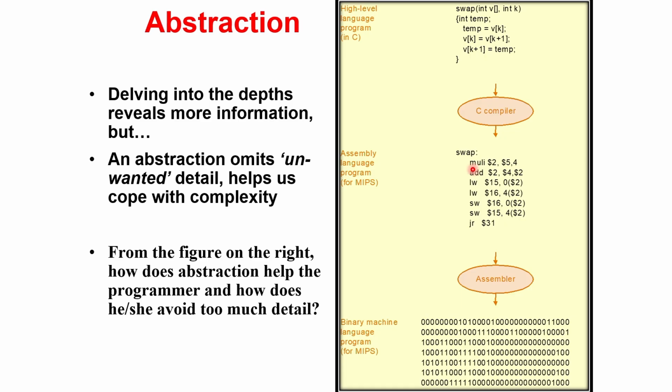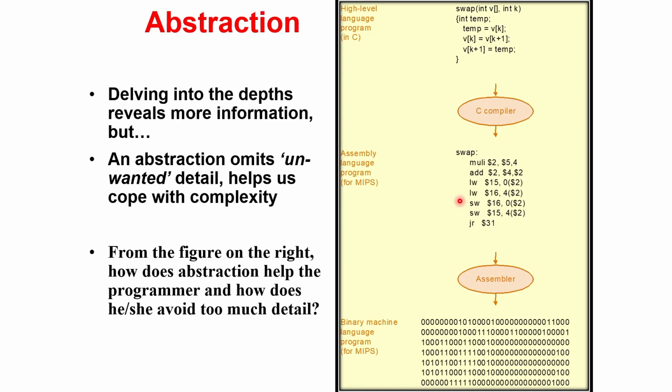Okay, coming back to this, assembly language uses mnemonics like LW, SW, and JR, where LW is used for load word, SW is used for store word, and JR is jump register.